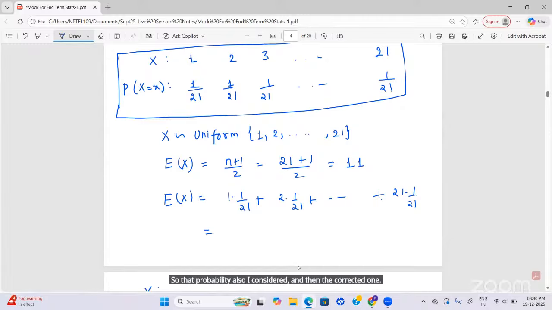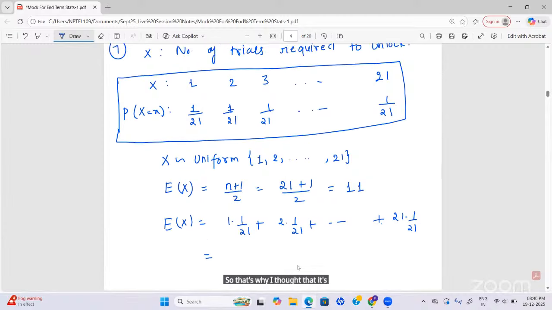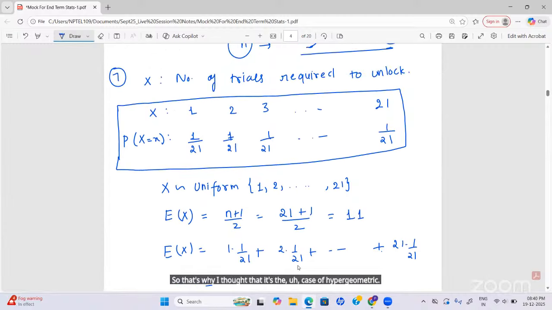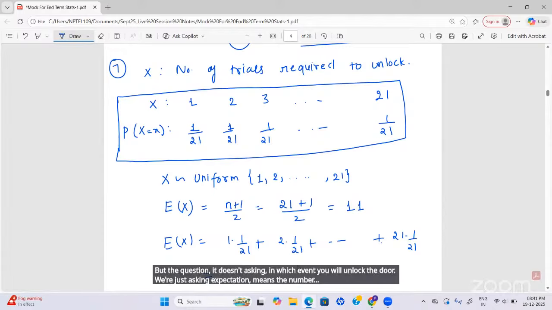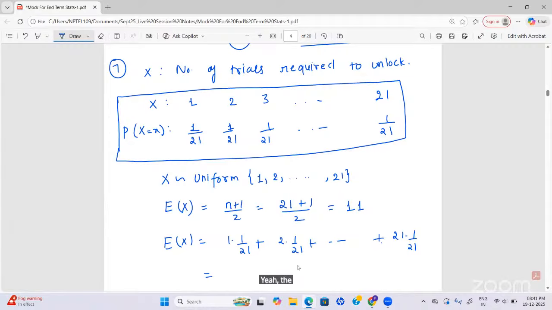So that's why I thought that it's the case of hypergeometric. But the question doesn't ask in which event you will unlock the door. Yes, it's asking expectation, which means the expected value for the number of trials you require to unlock the door. Okay, so you don't have to do those things.